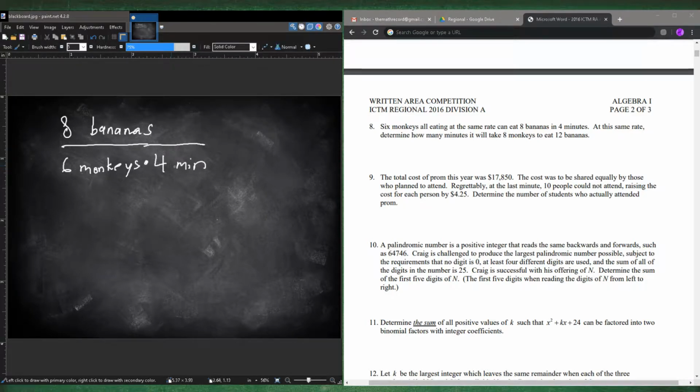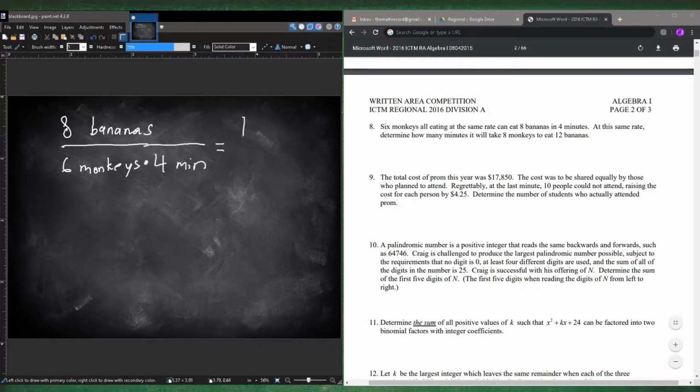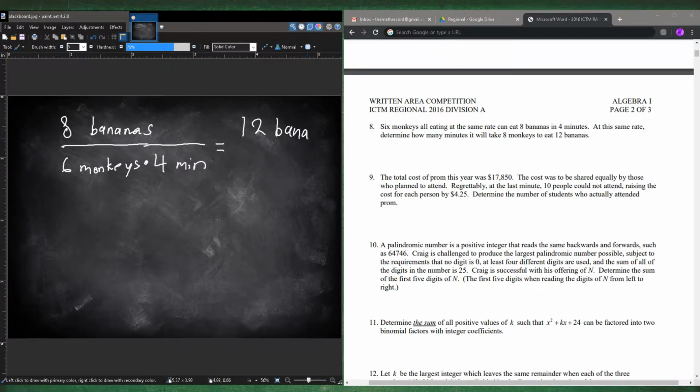So bananas per monkeys per minute, right, is equal to, how many bananas do we have? We have 12 bananas over, we have 8 monkeys, and we don't know how many minutes, so we have to find that. So we need to find our time, right?